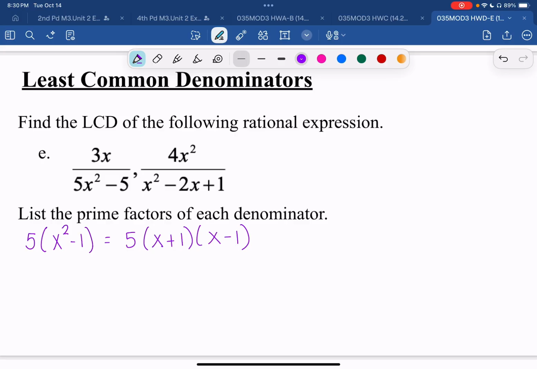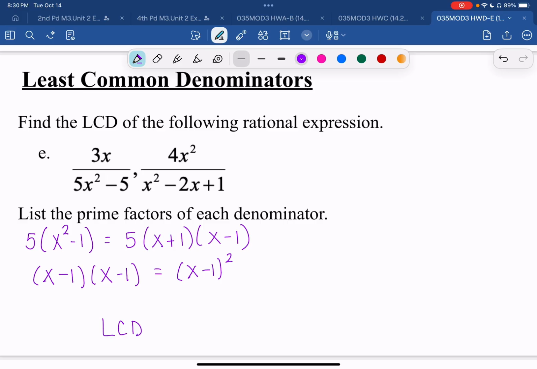All right, so that one's factored. Now let's look at the next one. Needed to multiply to 1, but add to negative 2. Okay, so that's x minus 1, x minus 1. Oh, okay, I could write that as x minus 1 squared.